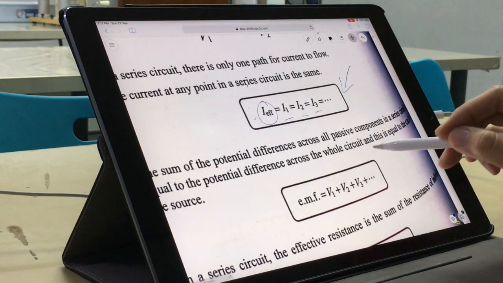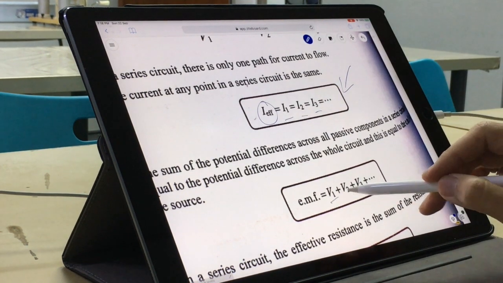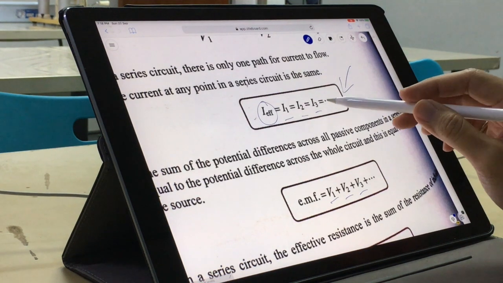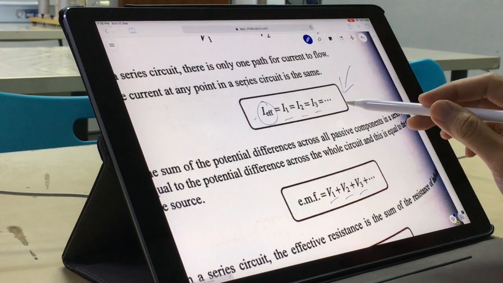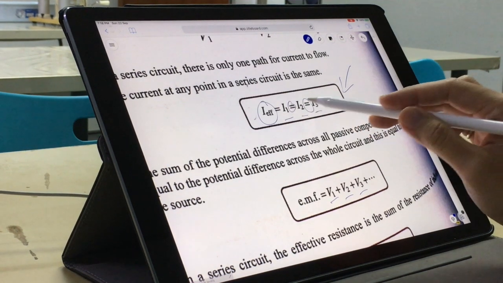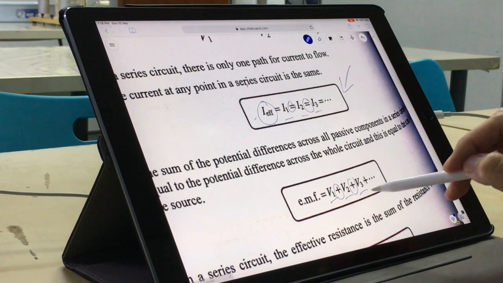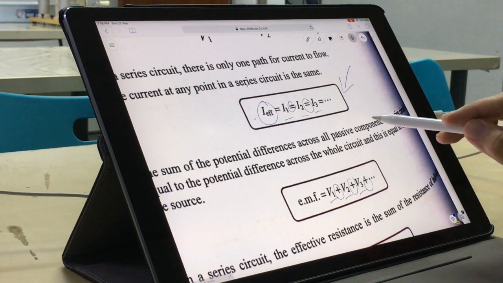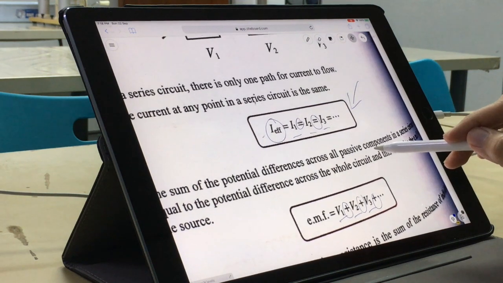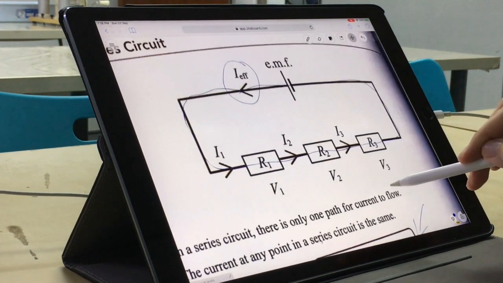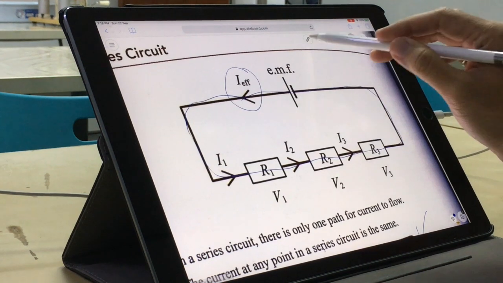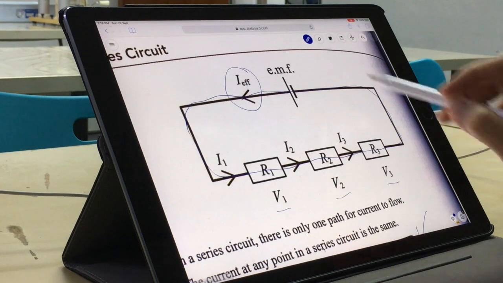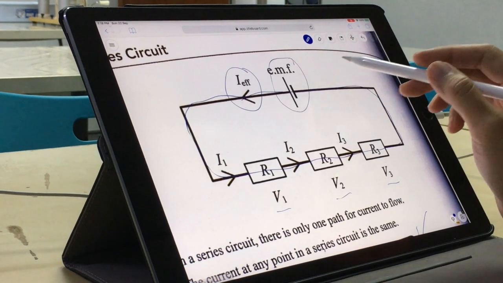Next one is voltage. The voltage is V1 plus V2 plus V3. Do you see the difference between current and voltage? The top one, current, is all equal, but the bottom one is plus. That means V1 plus V2 plus V3 is equal to the EMF at the top.